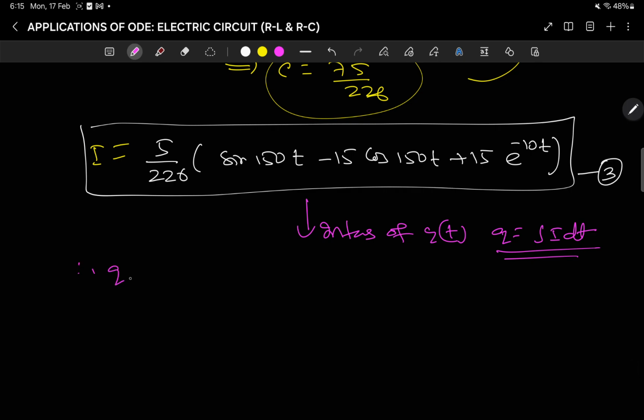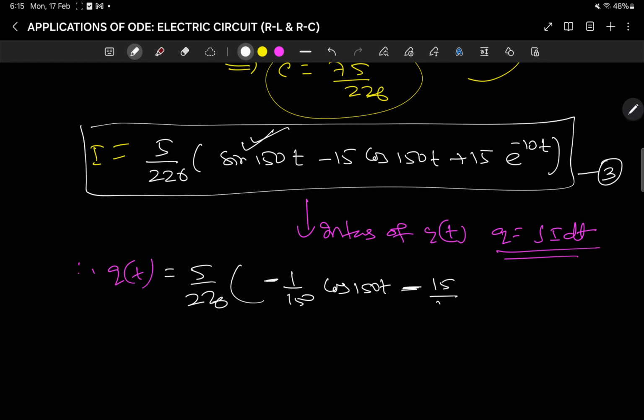So what will be your Qt? Your Qt will be 5 by 226. Integration of sine is minus cos, and 1 by 150 is divided. It is cos 150t, and it is minus 15 by 150. Integration of cos is sine 150t, plus it is minus 15 by 10 e to the power minus 10t.